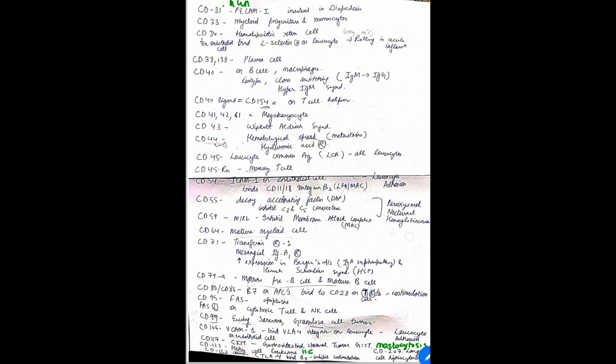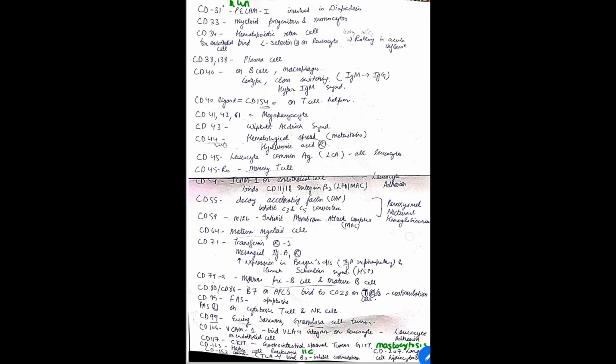Then we have CD38 and CD138. We have done already CD38 and 138. So CD38 is also there in the plasma cells. Then CD40. CD40 is present on B cell and macrophage and results in isotype or class switching. That is, first IgM and IgD are formed.